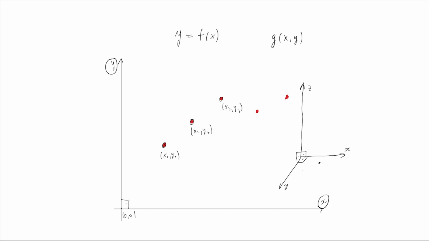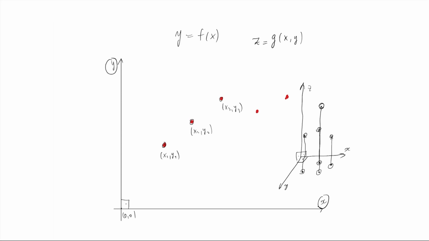Then each point in this plane, x and y, will be associated with some point which lives on the z-axis. So then if these are inputs, this would be the output of that function. And then we would say z equals g of x and y.